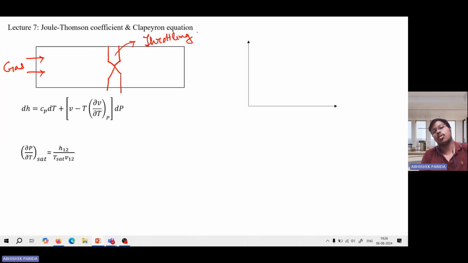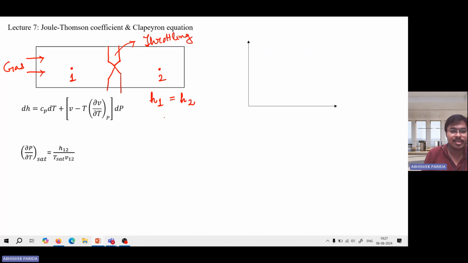This throttling process is highly irreversible, and here we find that enthalpy H1, for example this is section 1 and this is section 2, H1 is equal to H2. From this only we derive the Joule-Thomson coefficient.